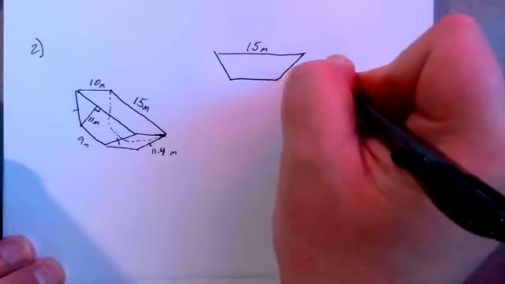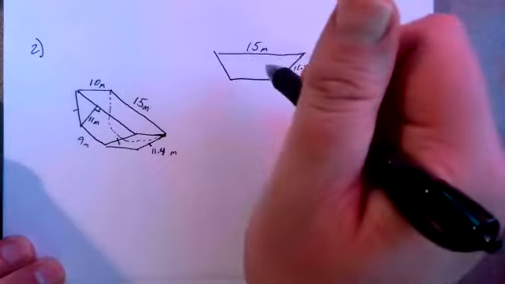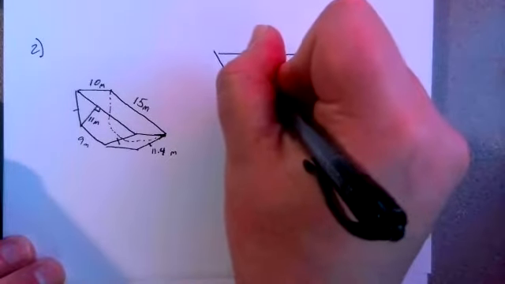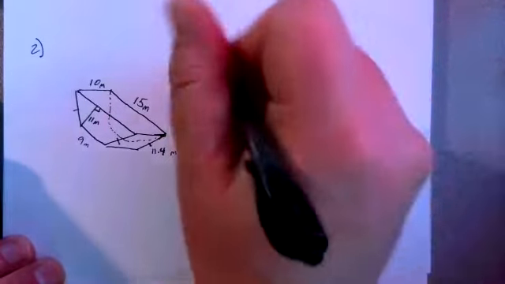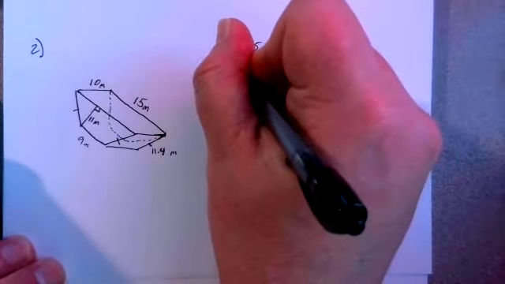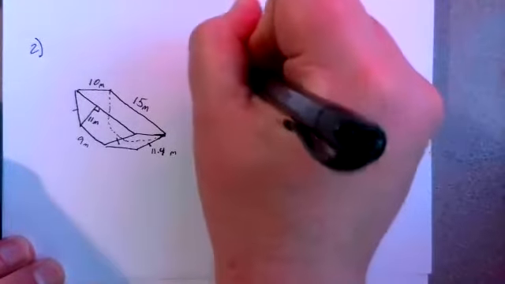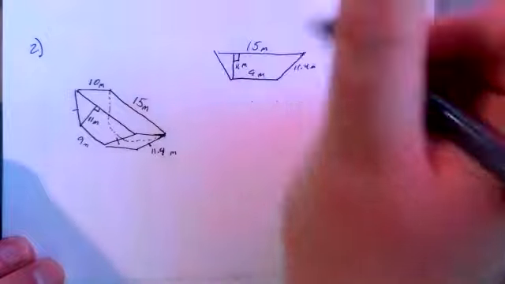Here, this is 11.4 meters. I probably shouldn't have done that one, and that's okay. The base here is 9 meters, and the altitude of this guy is 11 meters. Okay.